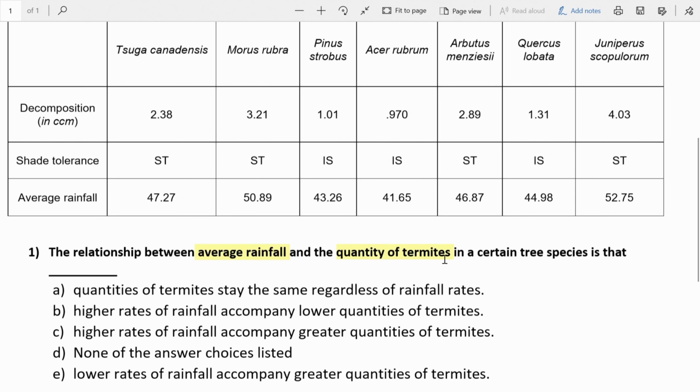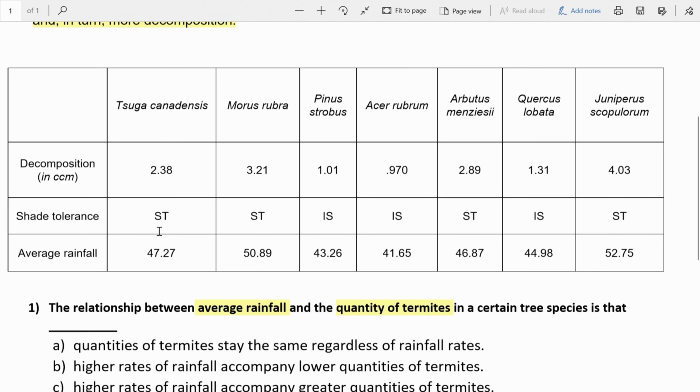We could see that Juniperus scopularum has the highest average rainfall, and Morus rubra and this one as well.